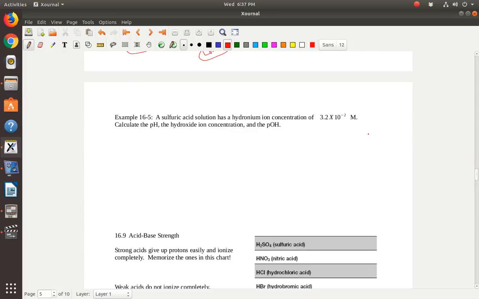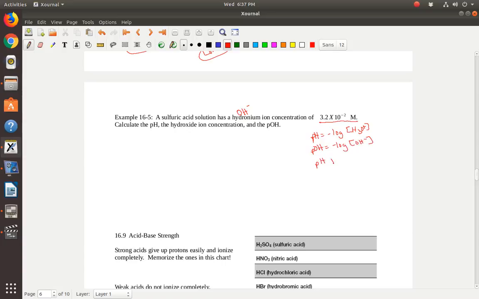Let's keep trying. A sulfuric acid solution has a hydronium ion concentration of this. So we know that pH is the negative log of the hydronium ion. We know that pOH is the negative log of the hydroxide ion.